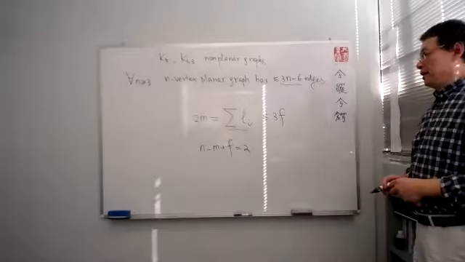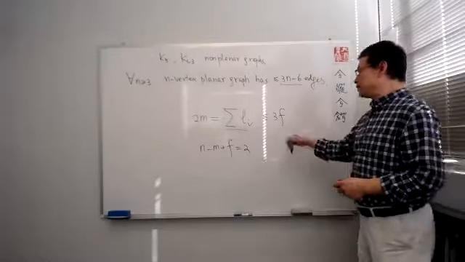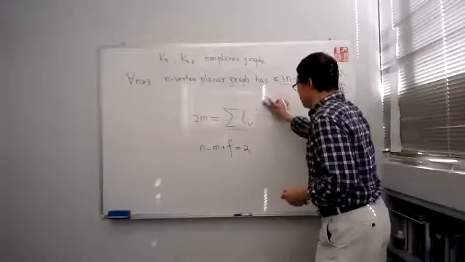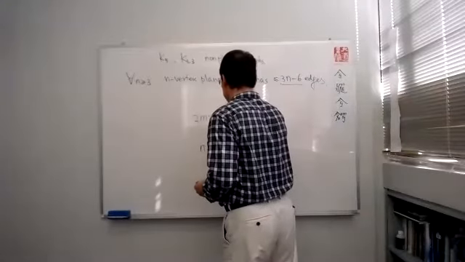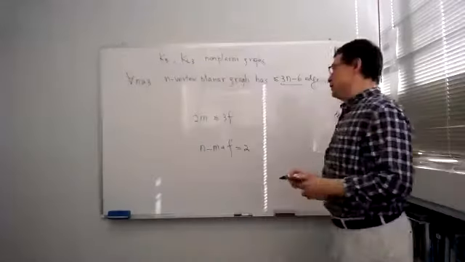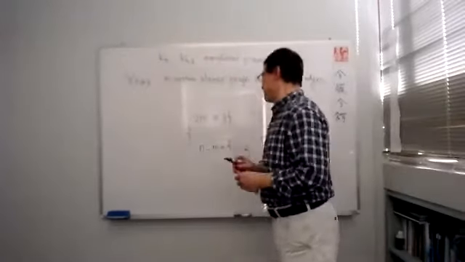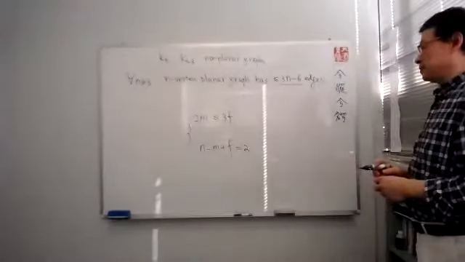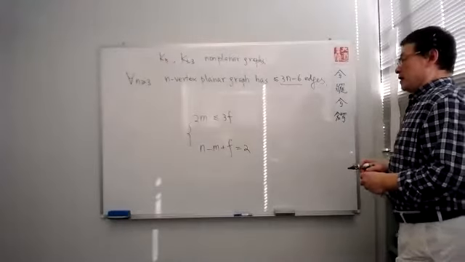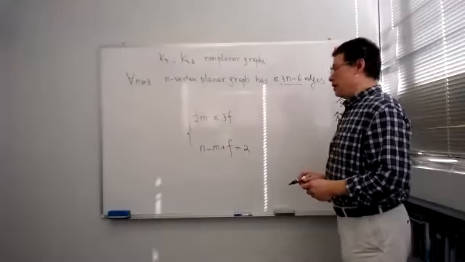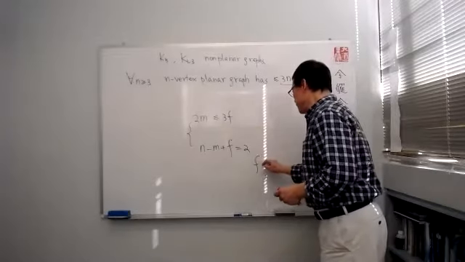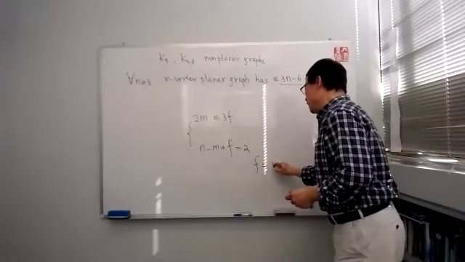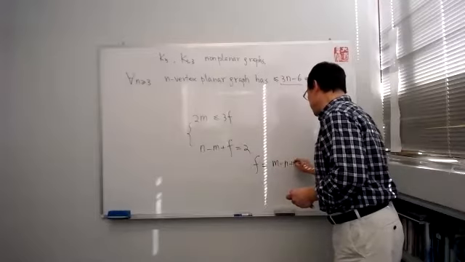All right. Now what we are going to do is combine this one, so this one is gone. So F can be written as m minus n plus 2.